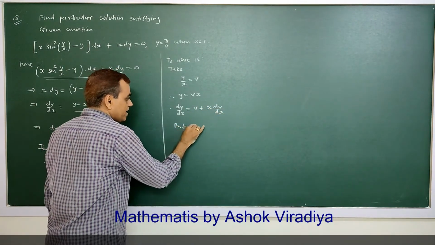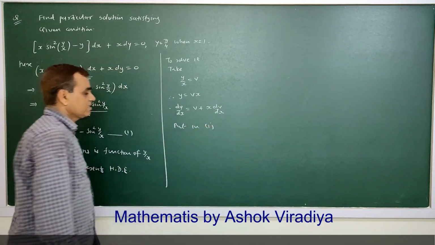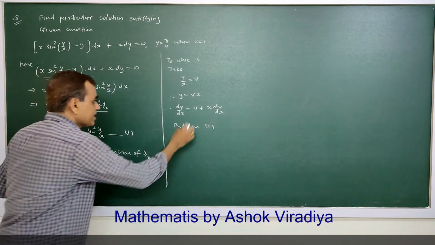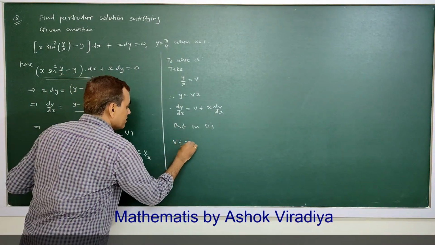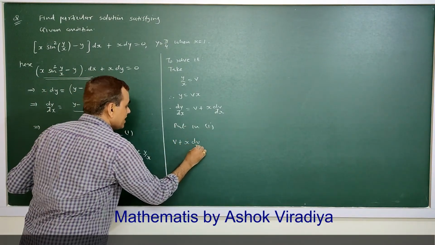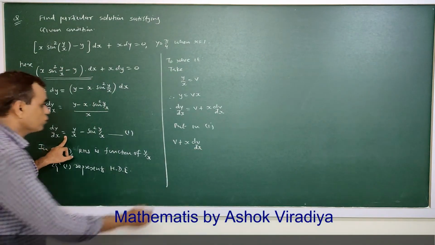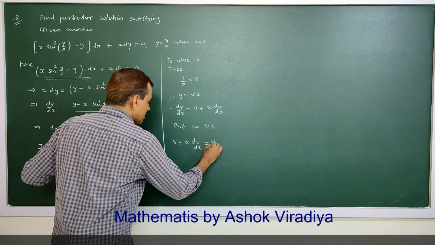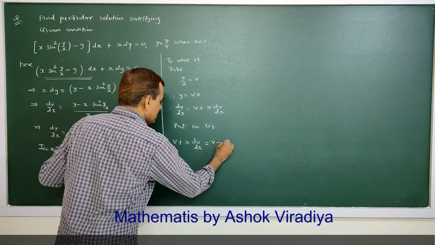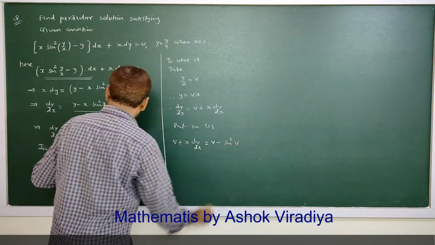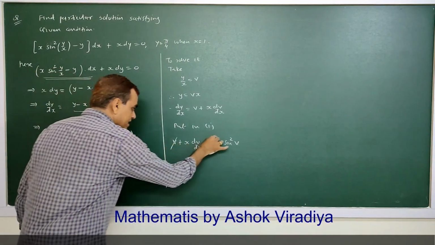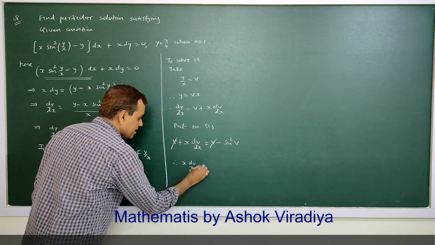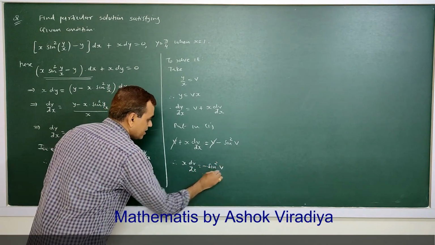These values we are putting in equation 1. So equation 1 becomes, for dy by dx, put this value, v plus x into dv by dx equal to y by x is v minus sine square v. This v cancels. So x into dv by dx is minus sine square v.